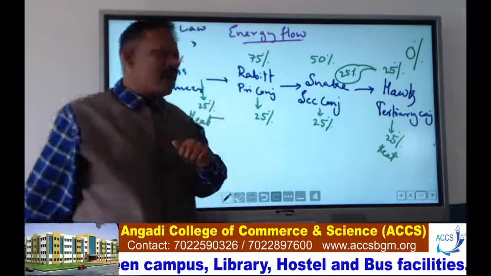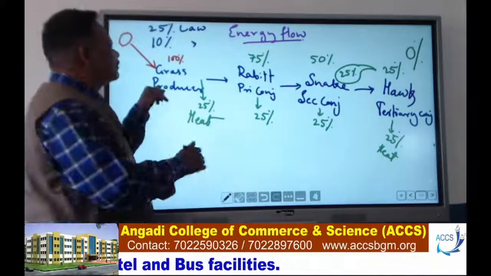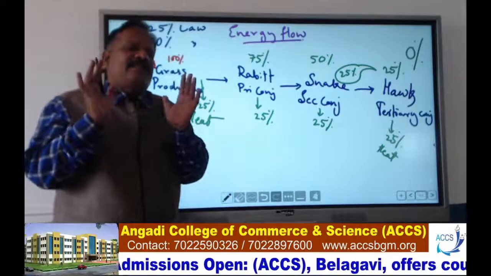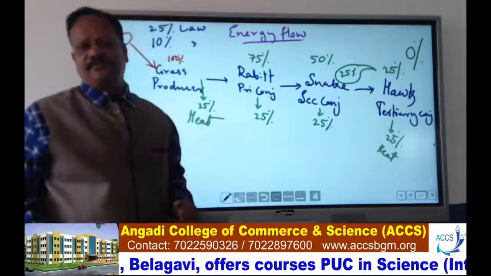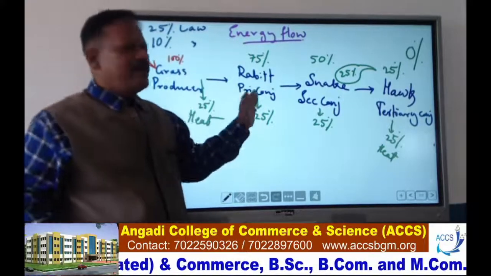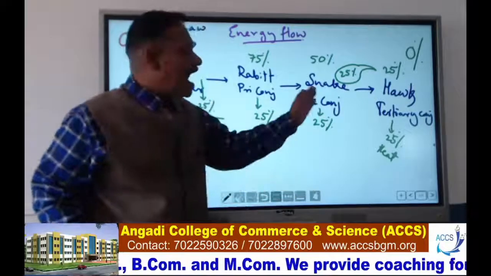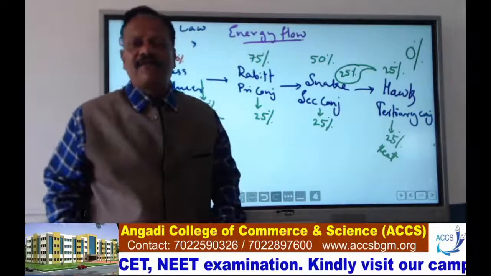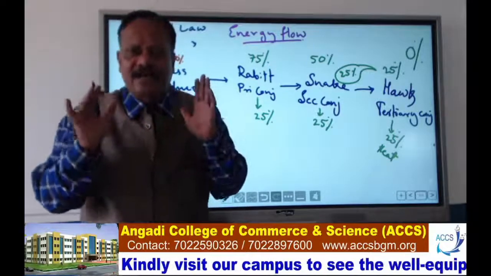Because in the grass, the producer, 75% of energy is stored in its body, and slowly and gradually 25% is lost each time. At the end, the larger carnivores have no stored energy at all.